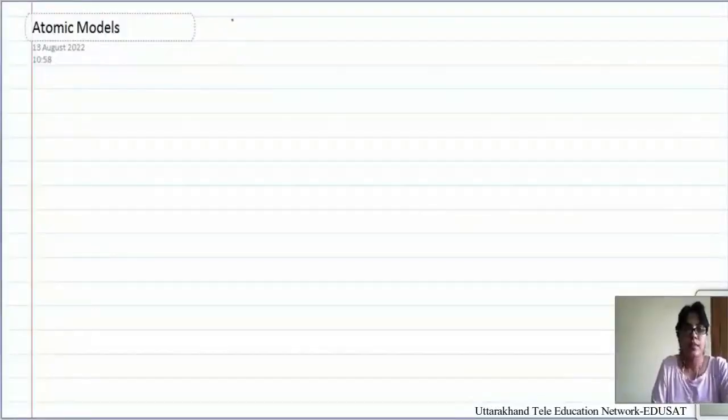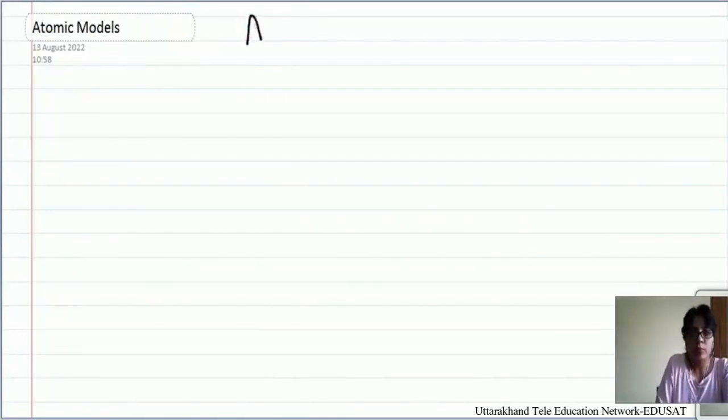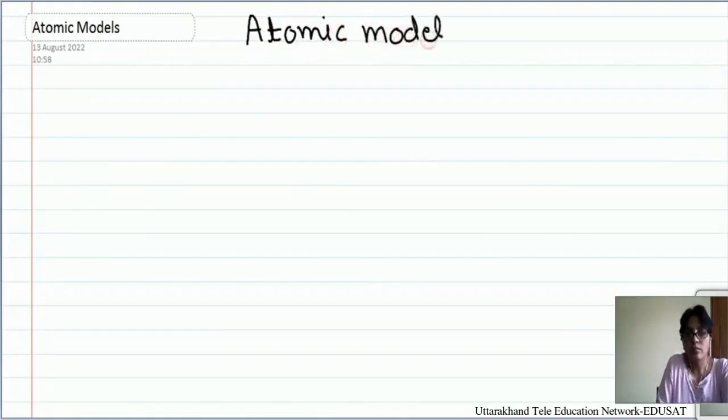Dear students, today's topic is atomic models. So let us put the heading atomic models. Now when we want to discuss any atomic model, what are the basic things for which we look into that model?